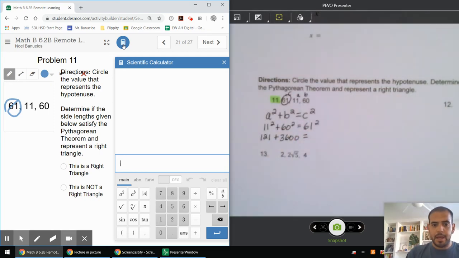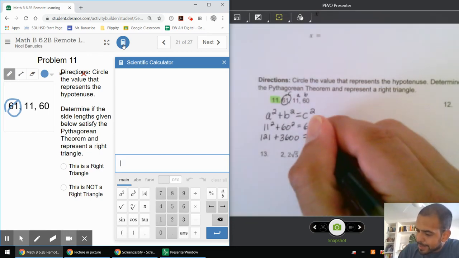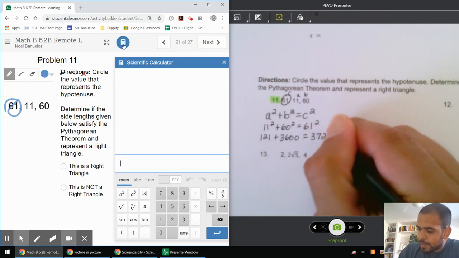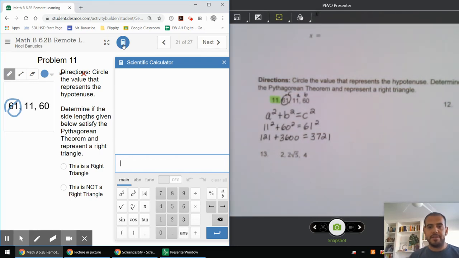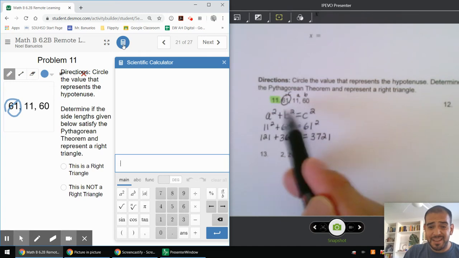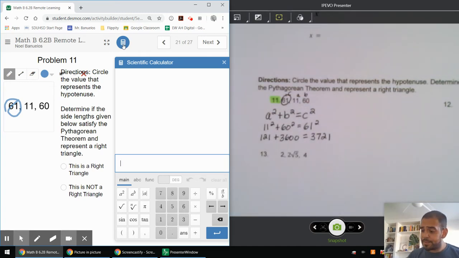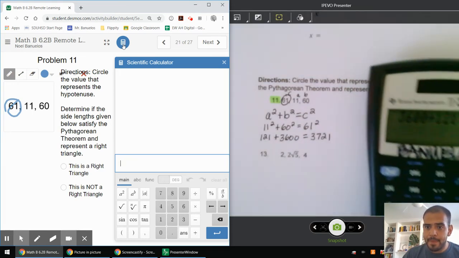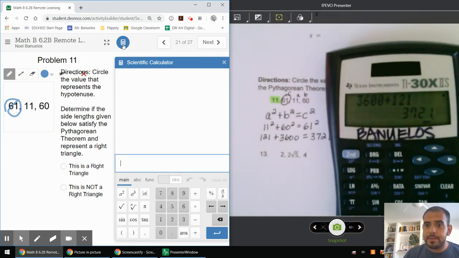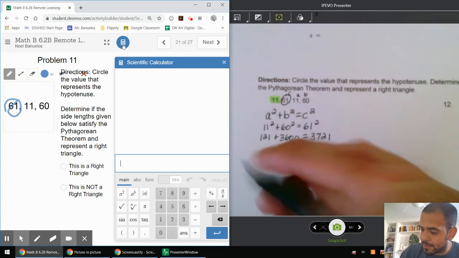Equals 61 squared is 3,721. So I'm trying to see if both sides are the same, because if they are, then that means that these three side lengths do form a right triangle. So 3,600 plus 121 is 3,721.